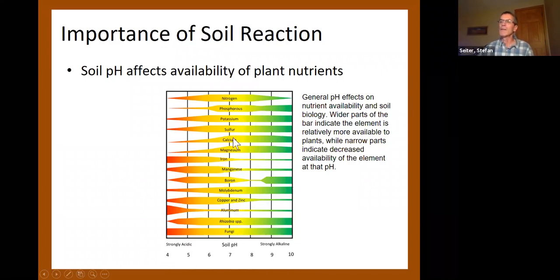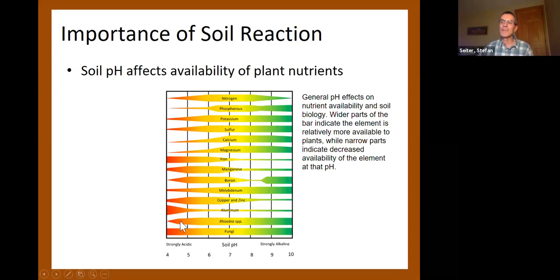And the wider those bars, the more available that particular nutrient is. And that's why pH is so important. You can see that roughly in the slightly acidic to neutral range, that's where you have a lot of these important nutrients being fairly nicely available. Not overly available, but in a good range.